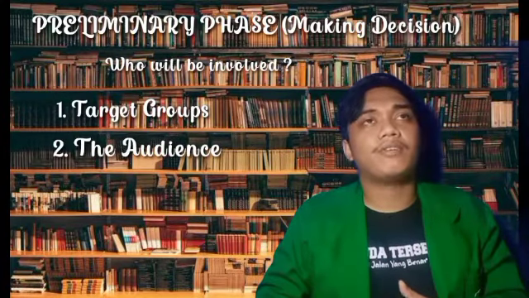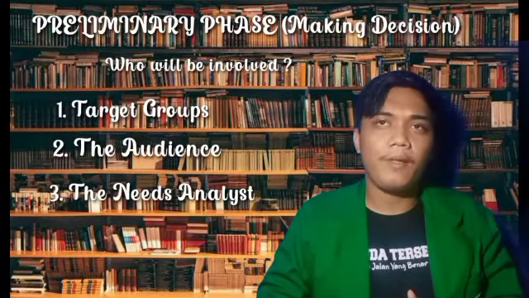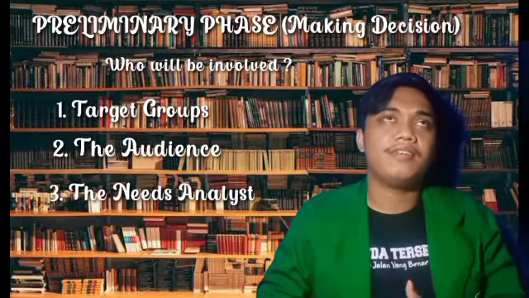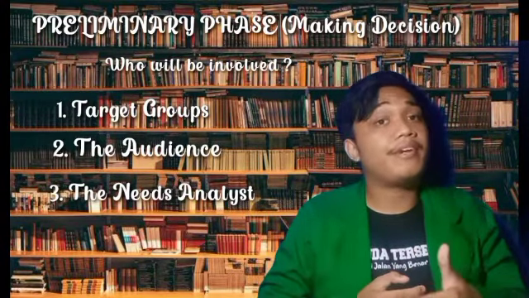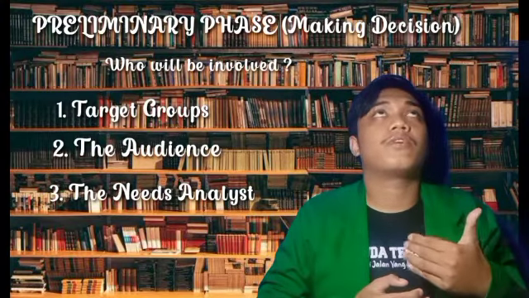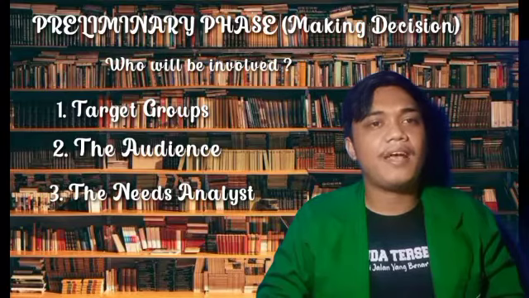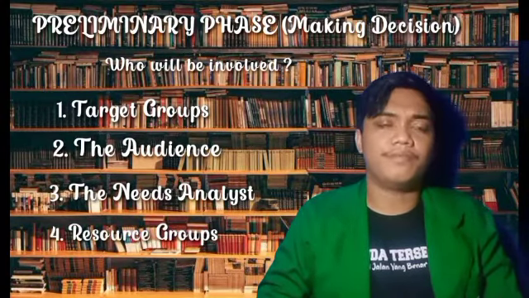The third category is the needs analyst. The needs analyst is the person who is responsible for carrying out the needs analysis. And the last category is the resource group.